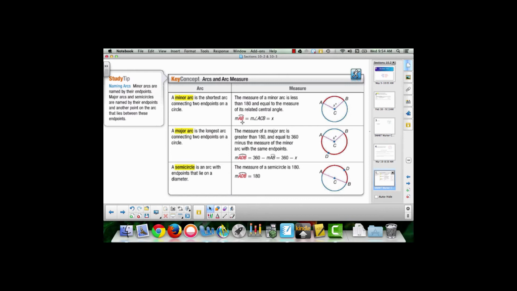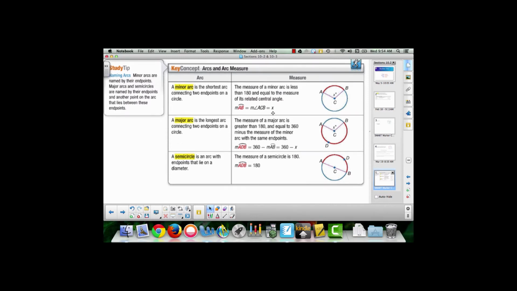So be very careful that you pay attention to that symbol over those 2 letters so you know exactly what they're referring to in the picture. Here, this sentence tells us that for minor arc AB, this m in front of it tells us that we're talking about the degree measure of that minor arc, and that is equal to the measure of the central angle ACB, which in this picture is x degrees.